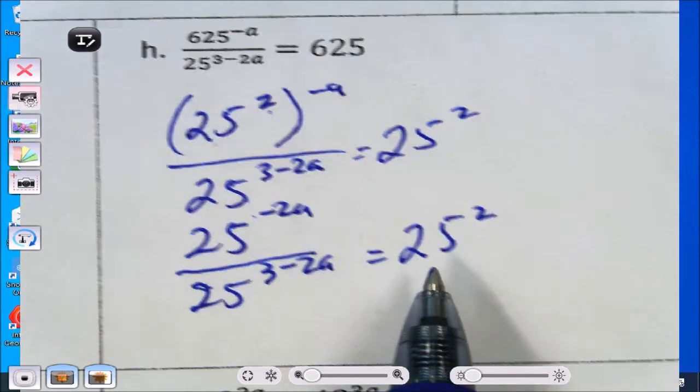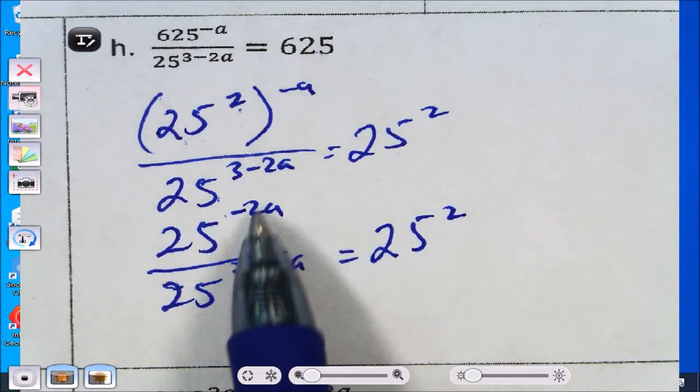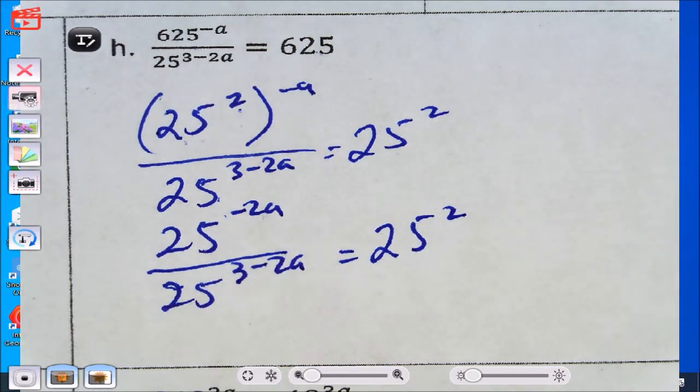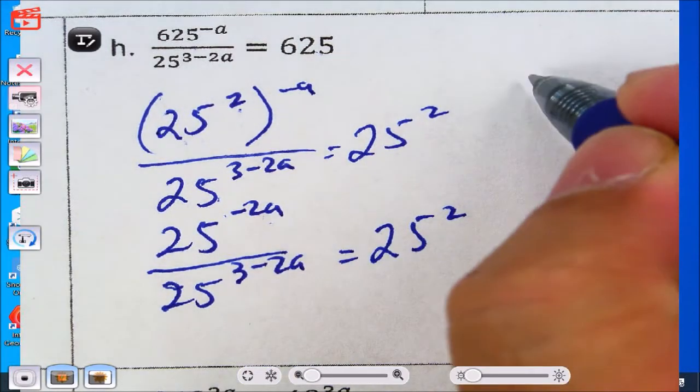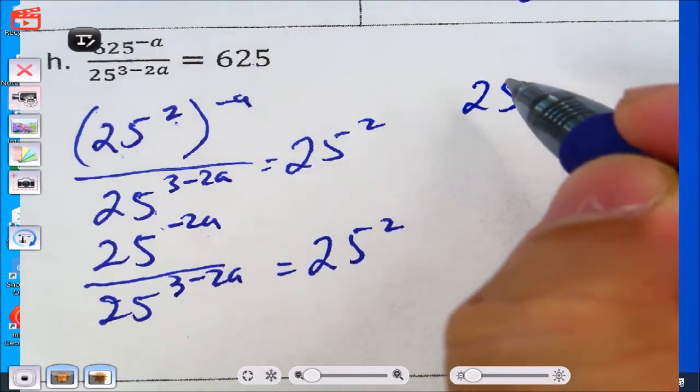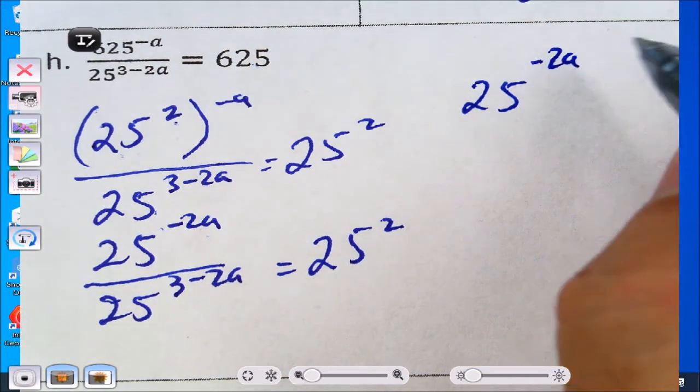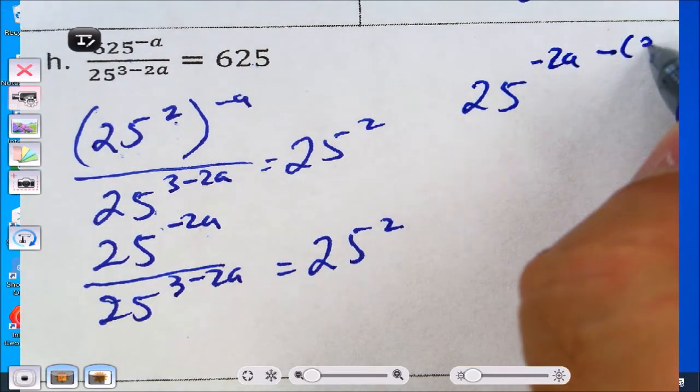Alright, now, what do I do with these exponents when it's division? Subtract, that's right. So I'm going to do negative 2a minus, so I'm going to write that out over here. It's negative 2a, that's the top exponent, minus 3 minus 2a, that's the bottom exponent.